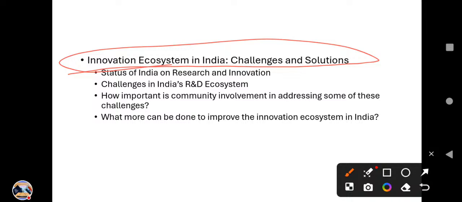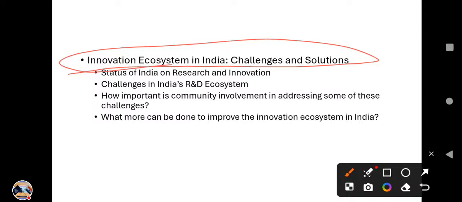And you can introduce some specific points like India's progress in the Global Innovation Index is attributed to public and private commitment. In the Global Innovation Index, India ranked 40th out of 132.